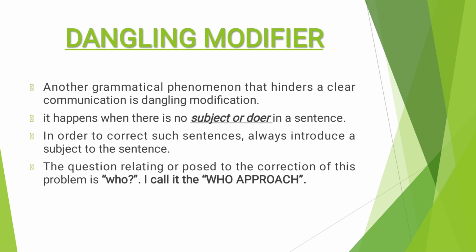If the sentence could not be interpreted in two or more ways, rather the sentence does not have a subject or a doer, then you close up your mind from ambiguity and you shift your attention to the scope of dangling modification or modifier and just introduce a subject or a doer and off you go.